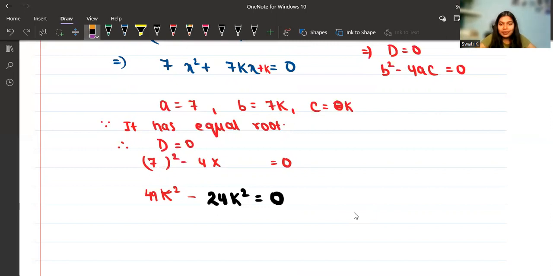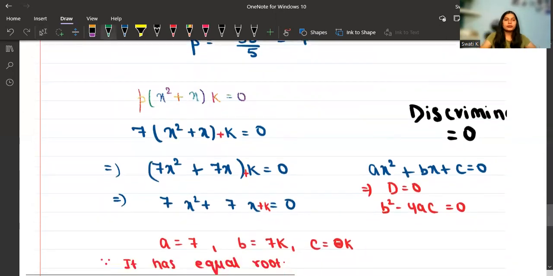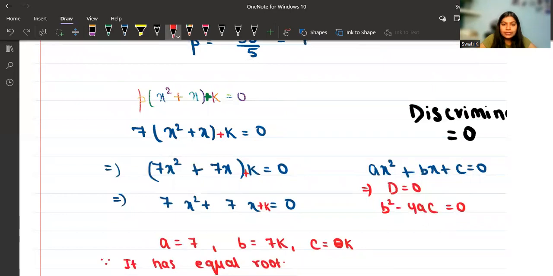Okay, a lot of things are there. I'll just do one thing. I will just check this over here only. See, I will make you understand. Here it is a plus sign, there is a misprint in the question. So now this will become 7x squared plus x plus k.